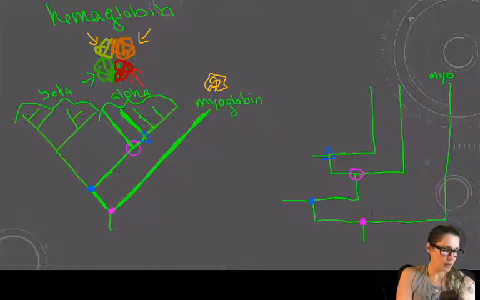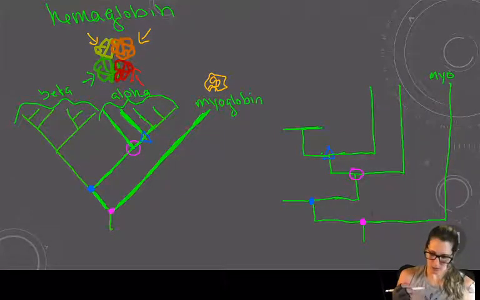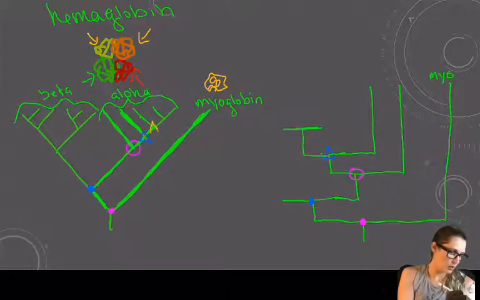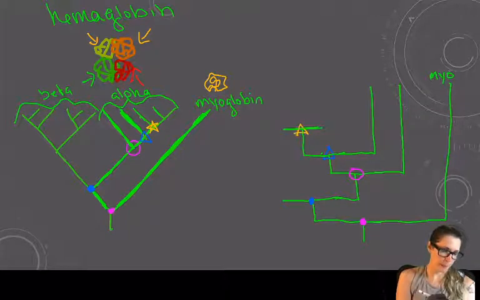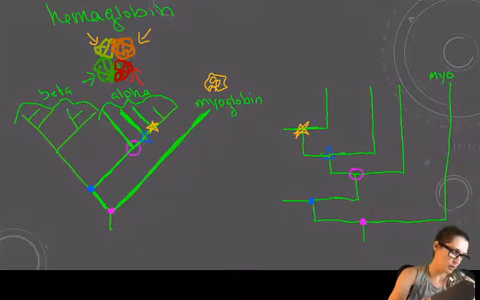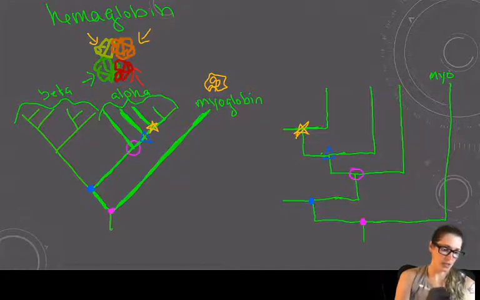And then we come out here to another branch point. Okay, up. We have to branch again. Gonna use, what did I use for that? Orange. Gonna use a star like that to represent that branch point. Okay, one of those comes up all the way to the top of the tree. That would be this one right here. One of them comes up here and branches again.